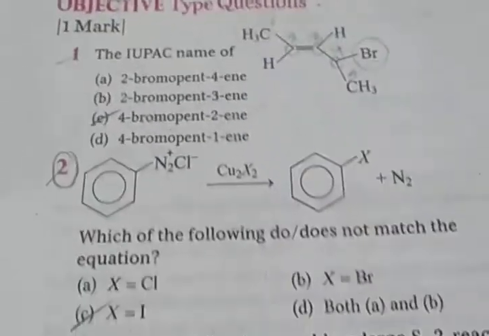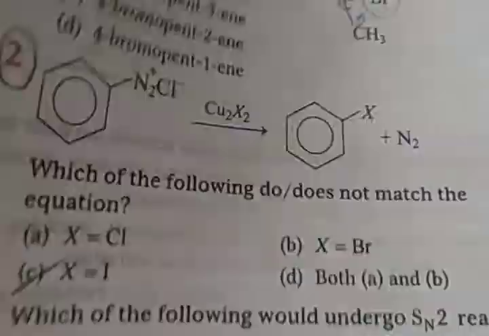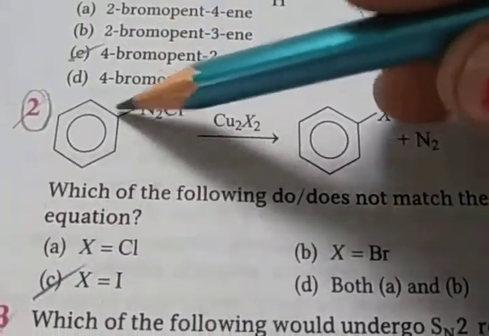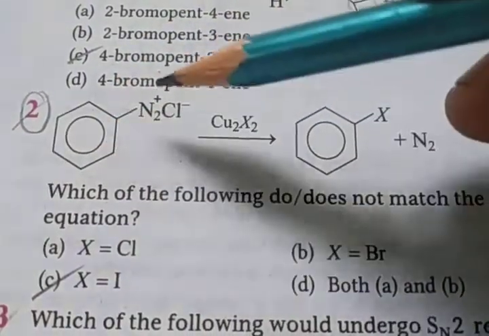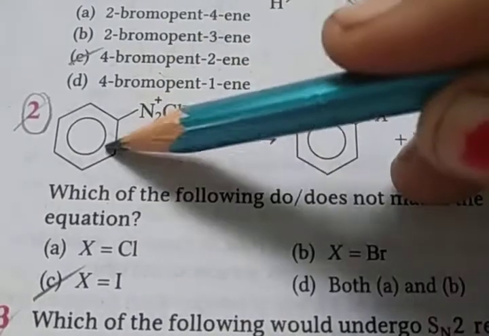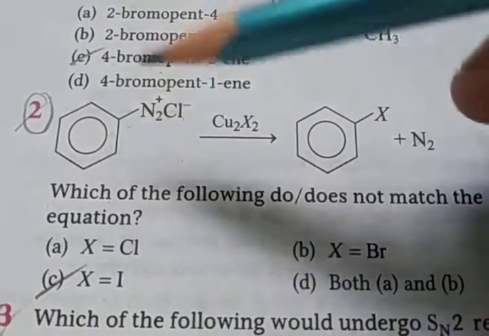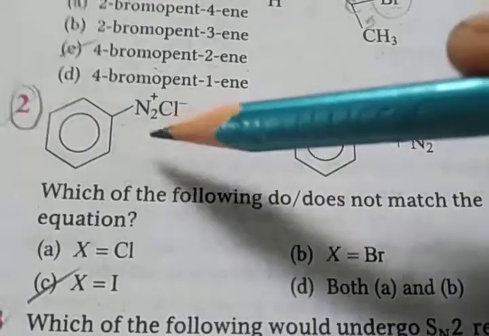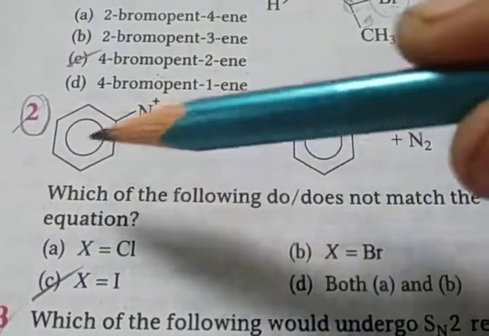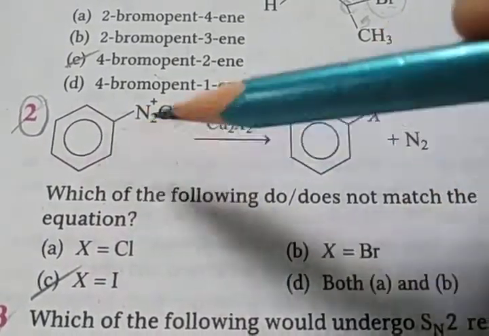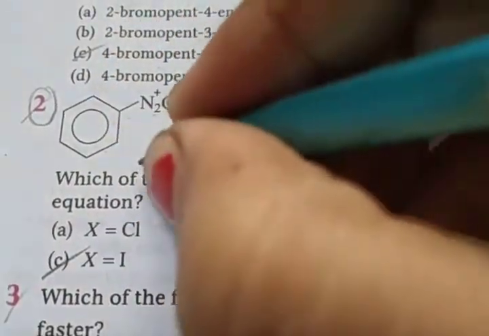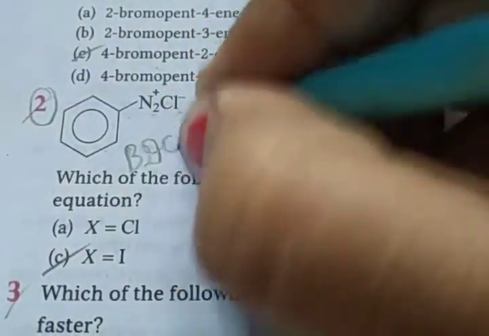Then question number 2. Benzene, right? And N2+ Cl- attached with benzene. You remember? N2+ Cl- attached with benzene. What's the name of this compound?